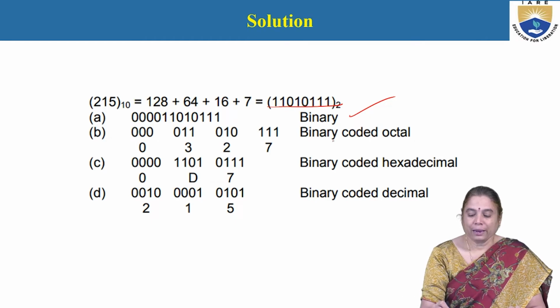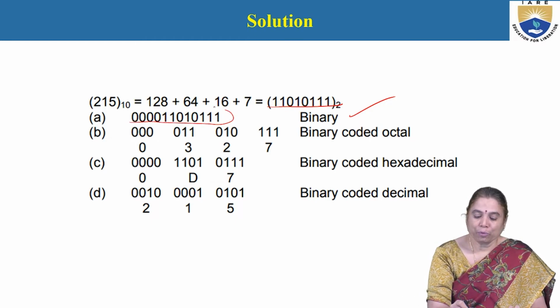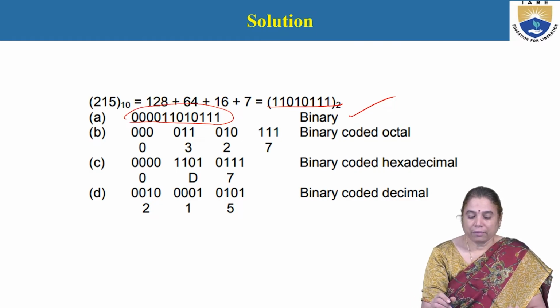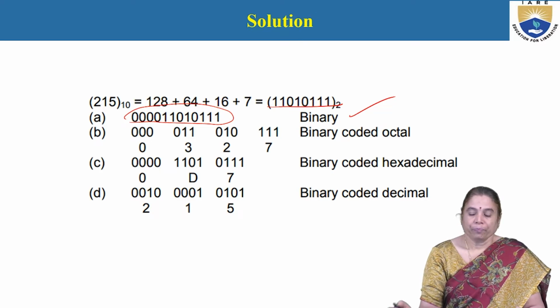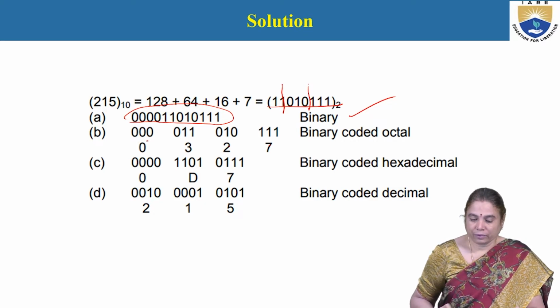In the case of binary coded octal, the bits can be grouped in 3s. So from this binary number, the 3 bits can be grouped. Here the 3-bit group 111 is equivalent to 7, 010 is equivalent to 2, and the remaining bits we have to represent with zeros. So it is 011, and 000 is 0.